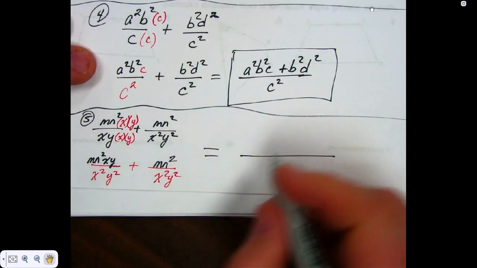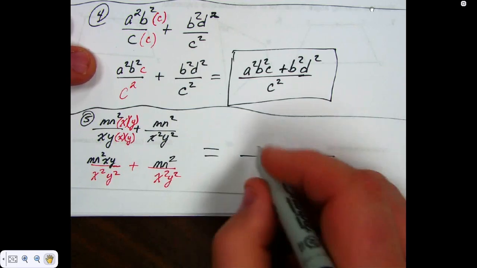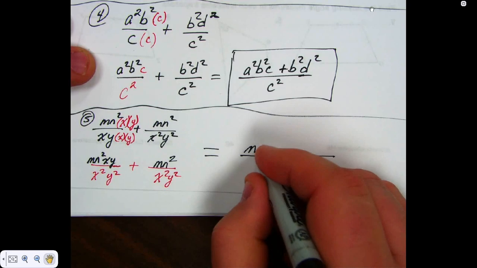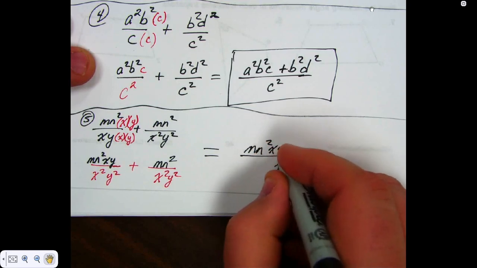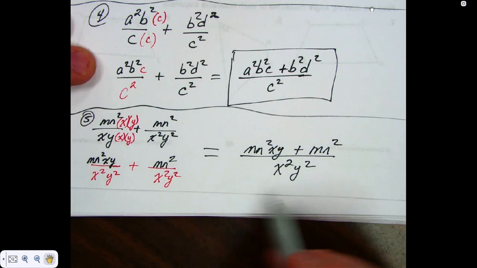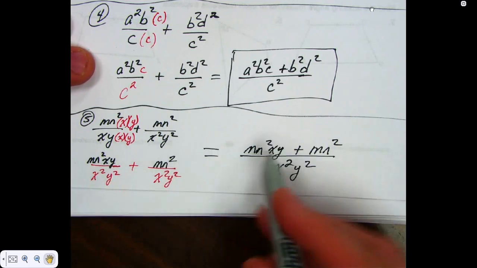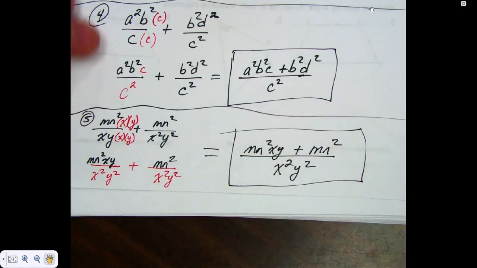But our bottoms are the same, so now I can make it into one big fraction: mn squared xy plus mn squared. Are those like terms? They were like terms, but now that the xy's on the end, they're not. Guess what? You're done. It's not pretty, but it's right.